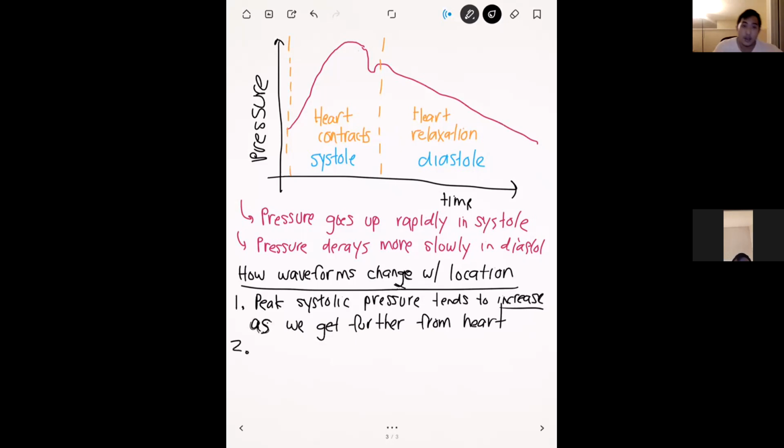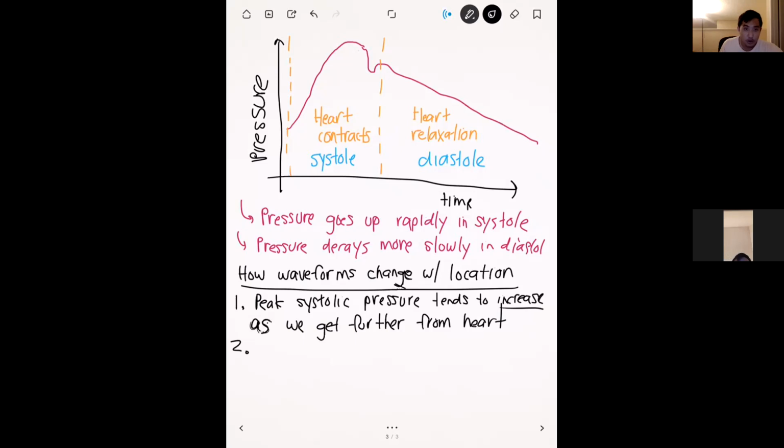If you measure your blood pressure waveforms right by your heart versus in your arm, you should see a higher peak pressure inside your arm, because the blood has traveled a lot more distance to get there. Okay. All right. So that's peak systolic pressure.